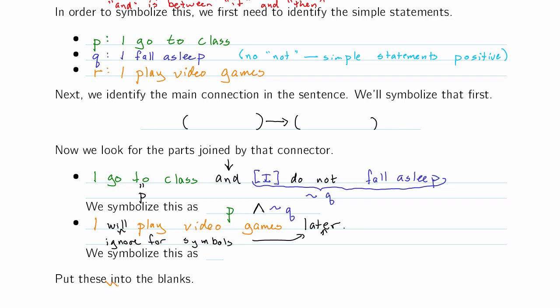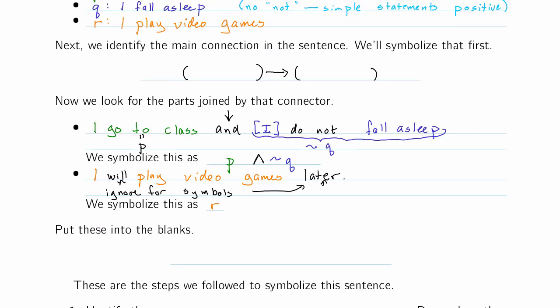That's just R. So that second clause gets symbolized as just R. So we have our kind of skeleton of our statement from our main connector. We plug in P and not Q before the if-then, and we plug in just R afterward. P and not Q does need those parentheses because there's something happening there. R is just by itself, so we don't end up needing parentheses around R.